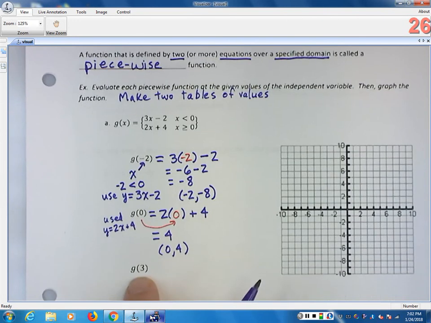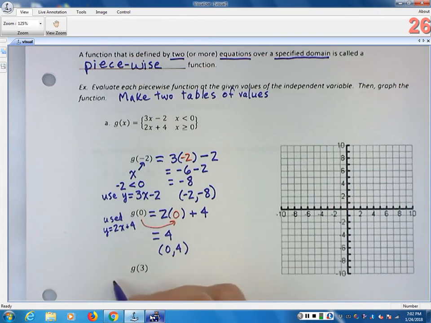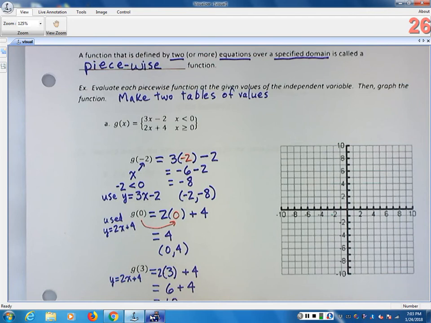For G of 3, that 3 is greater than or equal to 0, so we have to use y equals 2x plus 4 again. 2 times 3 plus 4 is 6 plus 4 is 10. So the point 3, 10 is on the graph.